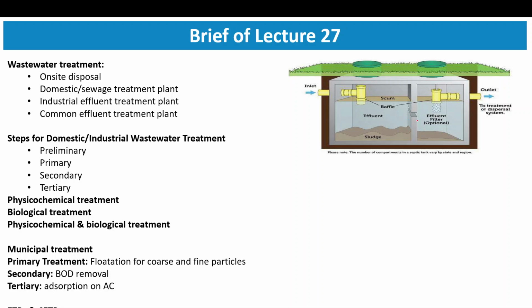By providing baffles, we are reducing the flow rate, allowing the solids or suspended solids to reduce their velocity and fall down, and sludge will be formed at the bottom, while the treated water will pass, and there could be some filter provided through which it will again pass.